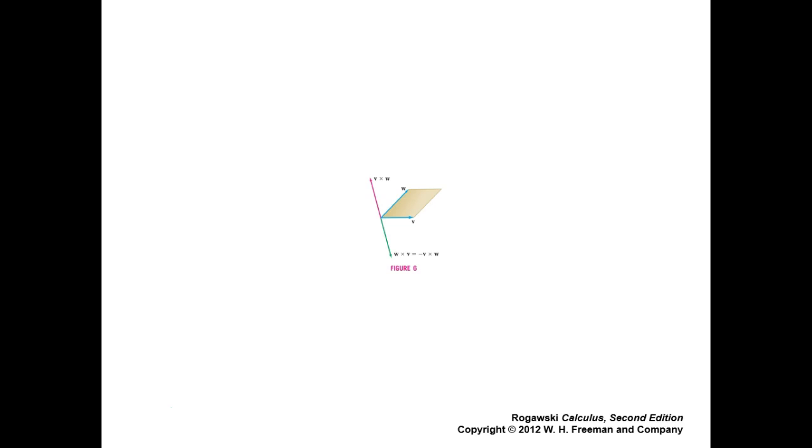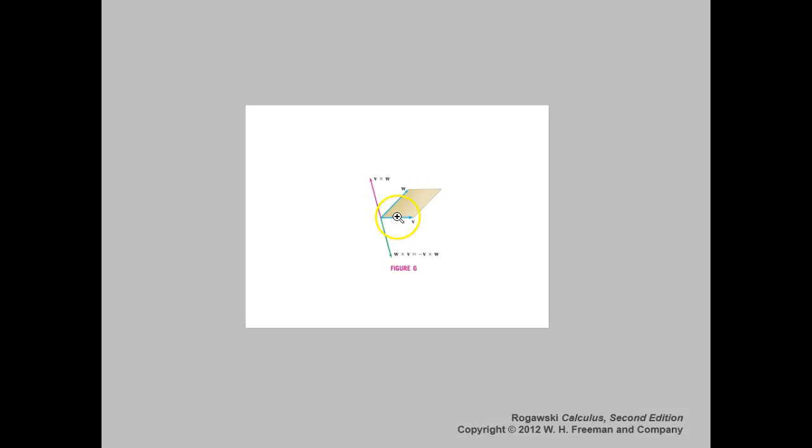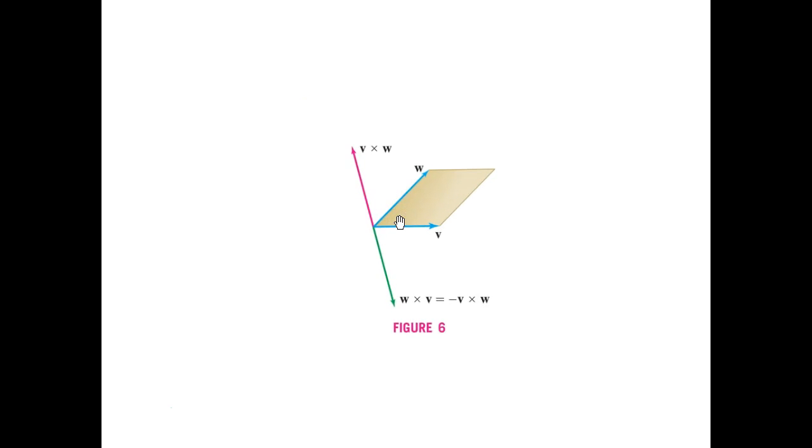And that's what I was just doing with my hand. They're doing here. Let me blow this up a little bit. V cross W would be up here, whereas W cross V would be down that way. Always opposite, exactly opposite of the other.